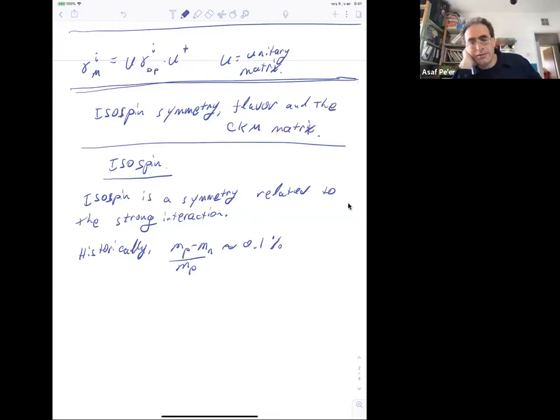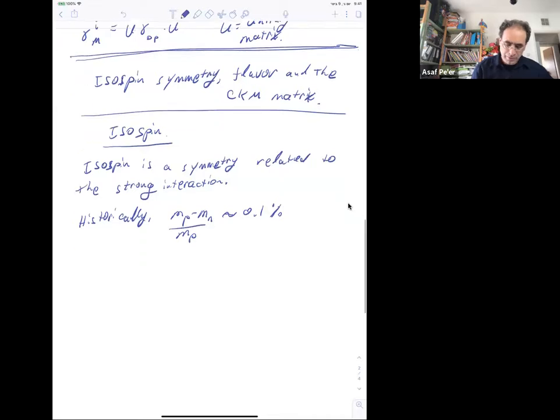Now, we're not used to thinking of protons and neutrons as being identical particles, and that is because, of course, there is a difference in electromagnetic interaction and also in the weak interactions, right? There is this beta decay. A neutron can decay into a proton, but not vice versa, right? But when it comes to strong interaction, they are nearly identical.